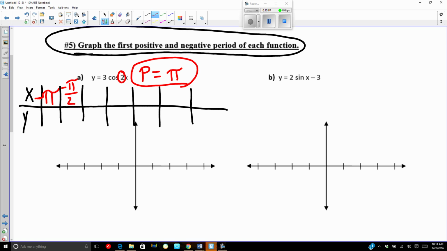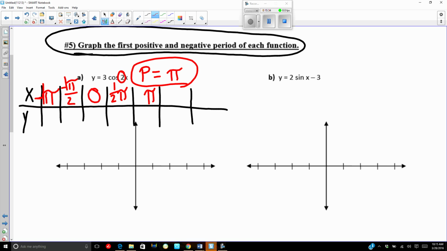So negative 1 plus 0.5 is negative 1/2. Add another half to that, you get 0. Add another half to 0, you get positive 1/2. Add another half to 1/2, and you get positive 1 pi. So that's really the only values that you need for this. And that way we'll get the first negative and positive period of this function.